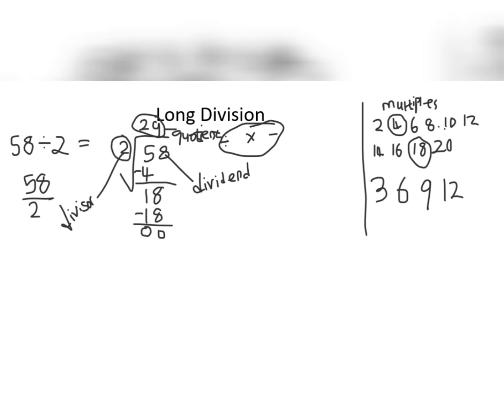So when you're exposing a child to long division, let the child be able to find the multiples of numbers first. Very, very important. Then, if the child is doing the division, the child should list the multiples of that particular divisor out. Let me use another example.